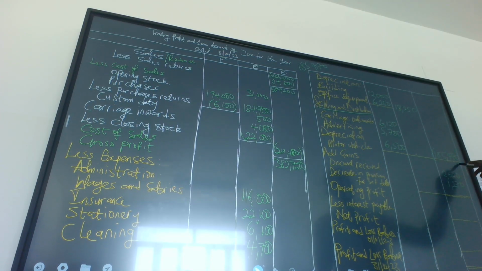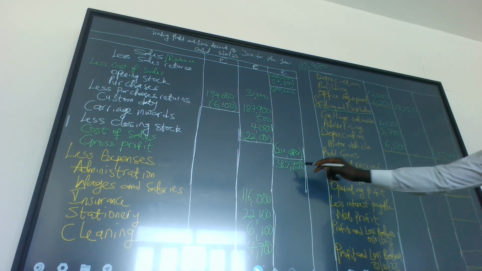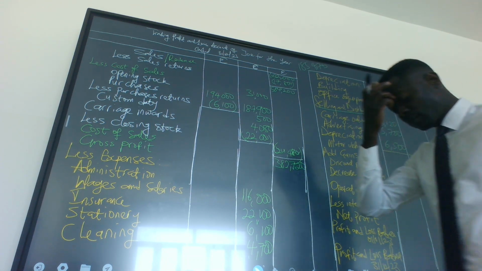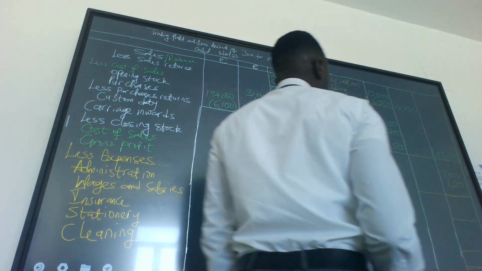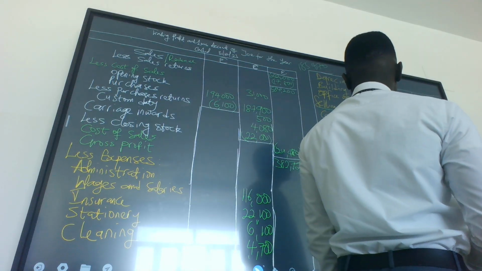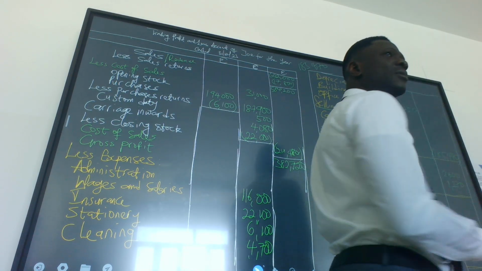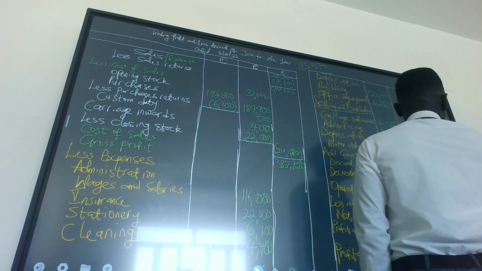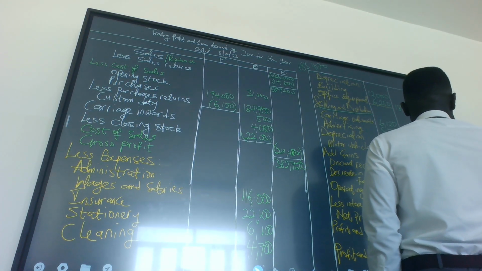So we're going to take this away from whatever we have here. What does that give you? 382,720 minus this. 197,250. Yes. 197,250, right?